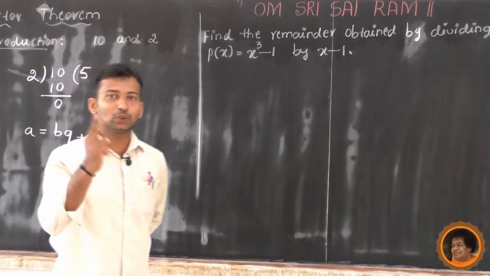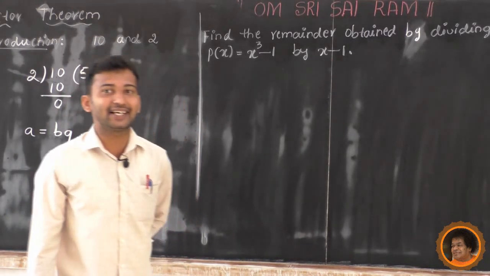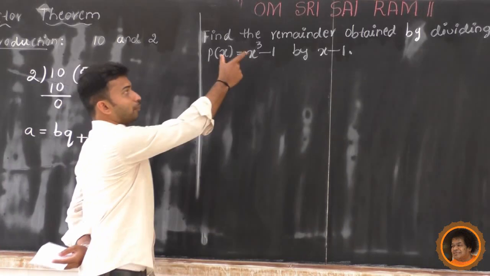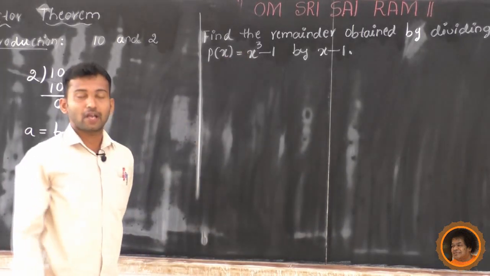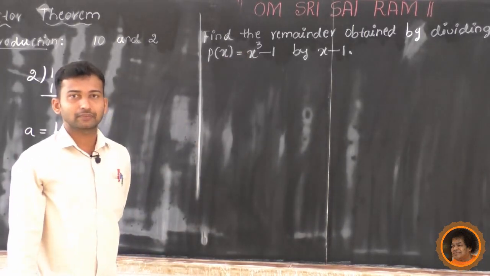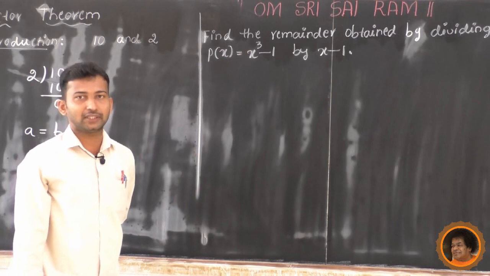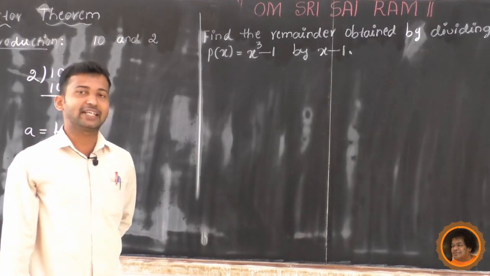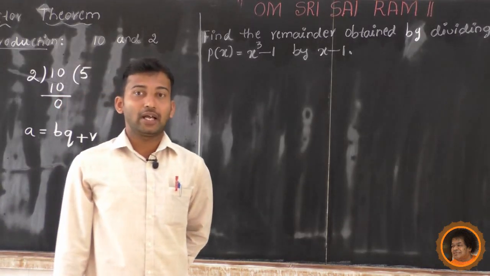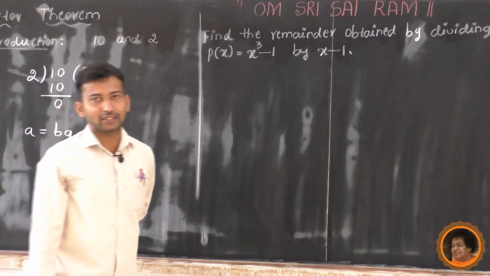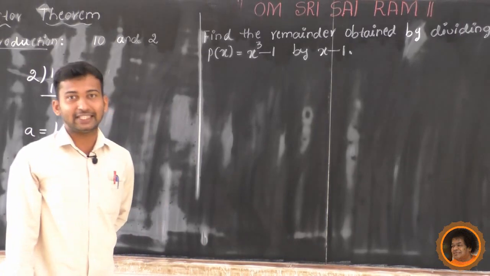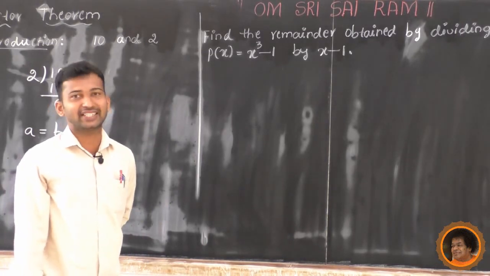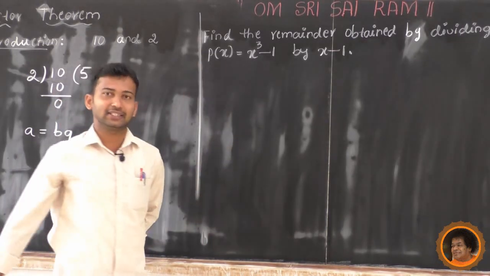There are two methods to find the remainder of the problem. First one, by long division method. Second one, by the remainder theorem. Long division method is, we know, lengthy and time consuming. So we have selected remainder theorem.